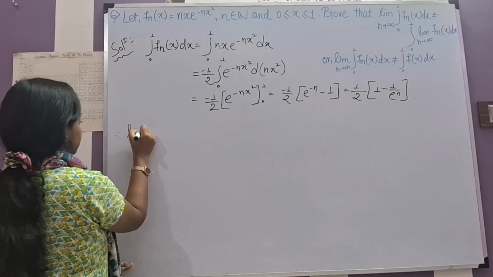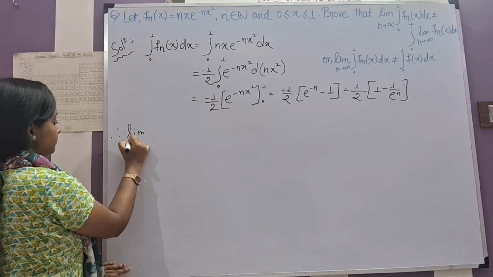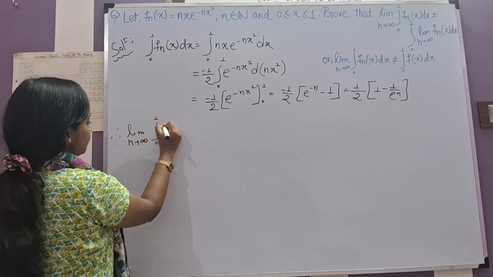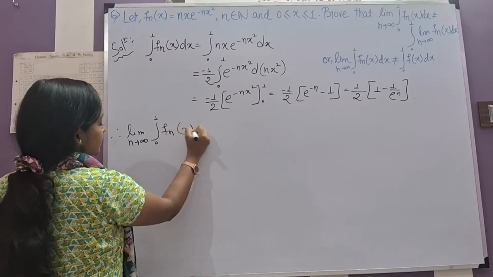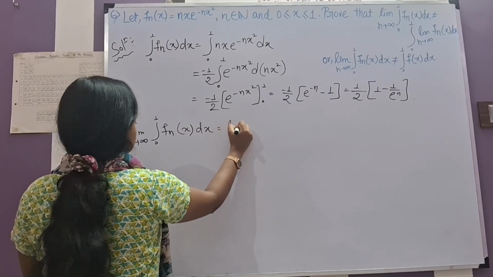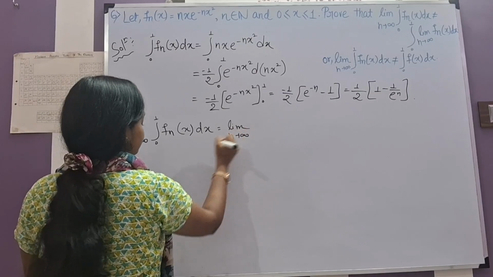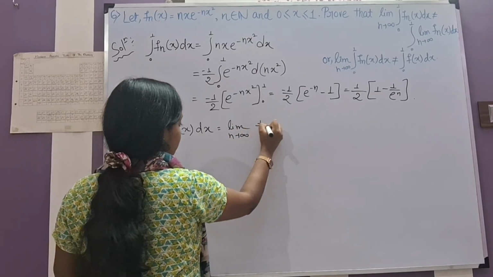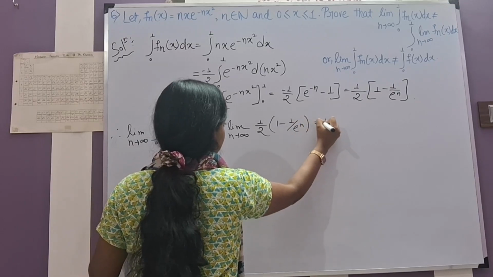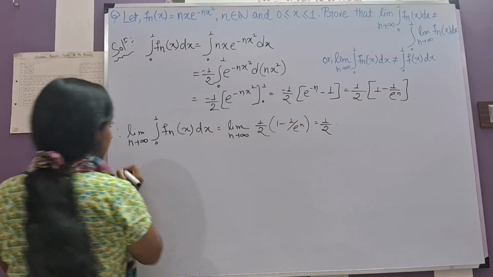So limit n tending to infinity integration 0 to 1 fn(x) dx will be equal to limit n tending to infinity half into (1 minus 1 by e to the power n), equal to half.